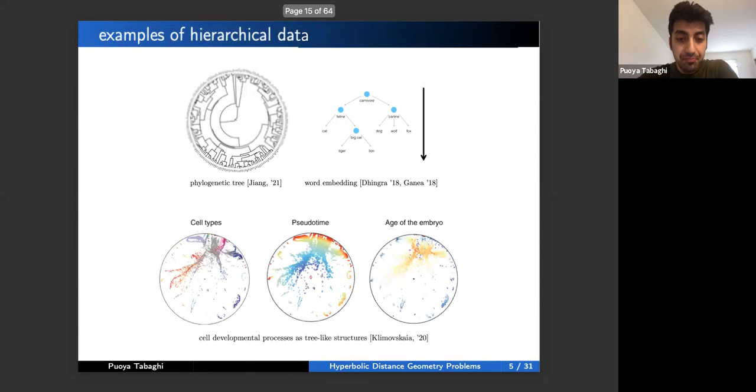Another application could be, again in biology, a Nature Communications paper in 2020, where they reasoned that cell developmental processes can be thought of as moving trajectories along trees, basically immature cells branching out and developing into more mature and specialized cells. And this can be represented via a tree.